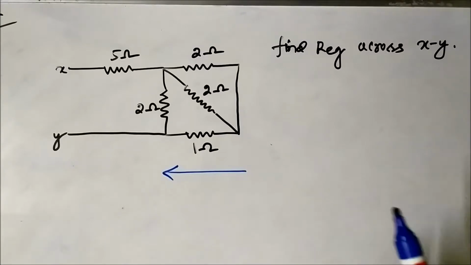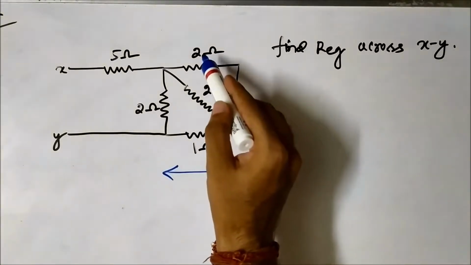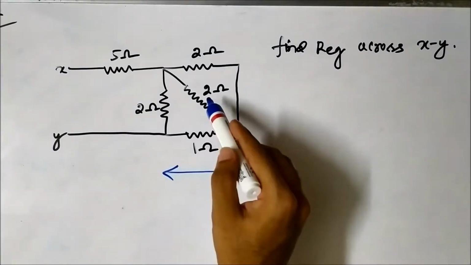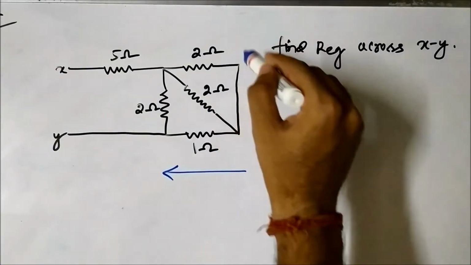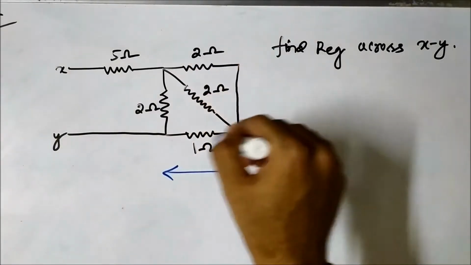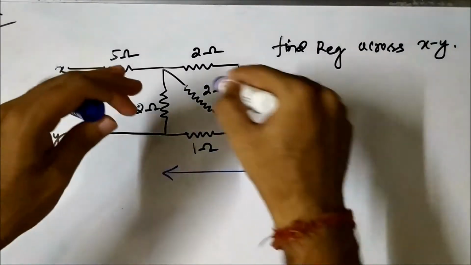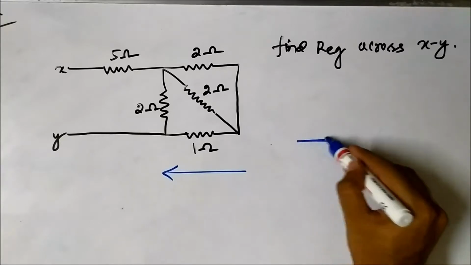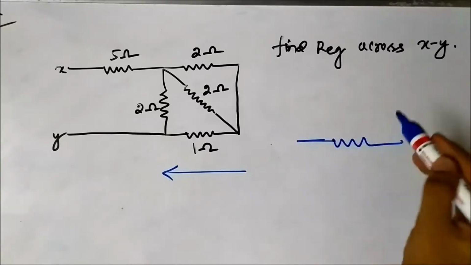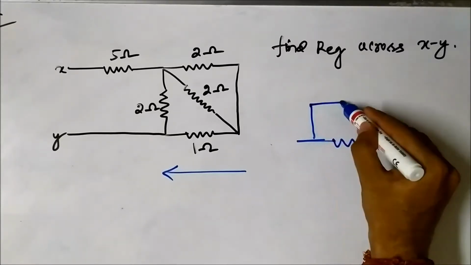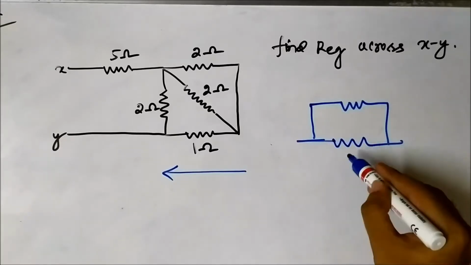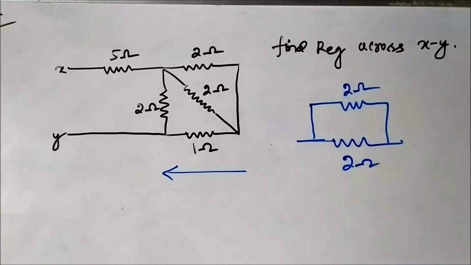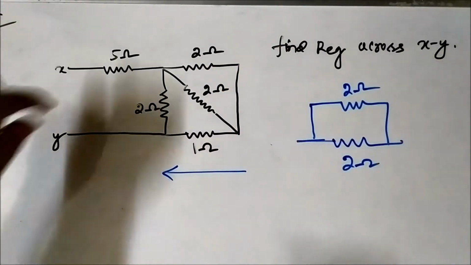So we'll move in this direction. First look at the 2 ohm resistor and this 2 ohm resistor. It looks like it's connected in a triangle shape, but actually they are connected in parallel.